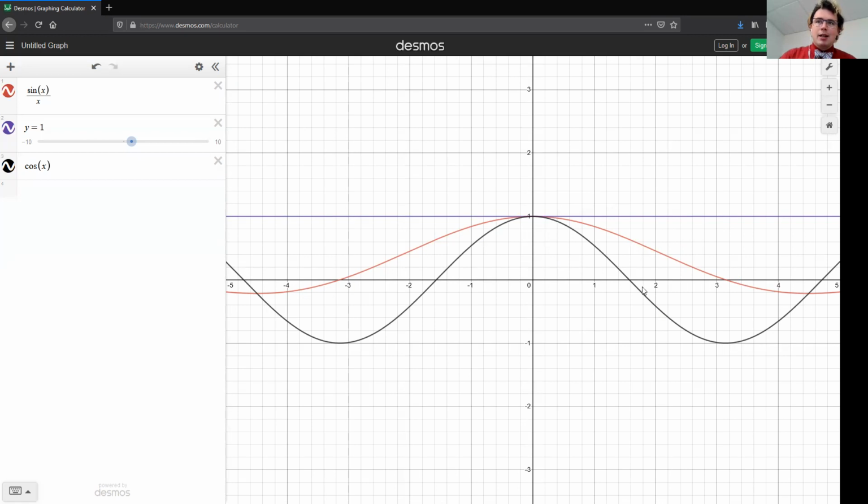So the limit of this sine of x divided by x as x approaches 0 is stuck in between the limit of the purple function, but that's just a constant, so the limit of y equals 1 as x approaches 0 is just y equals 1.